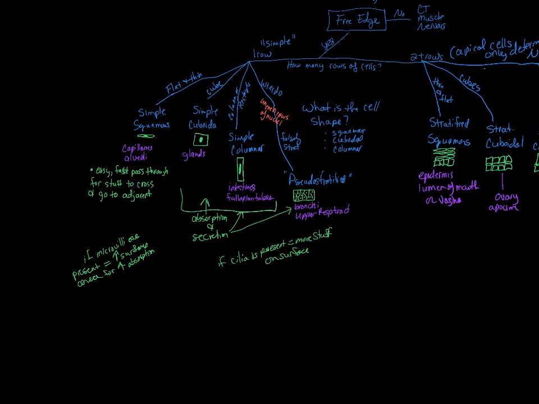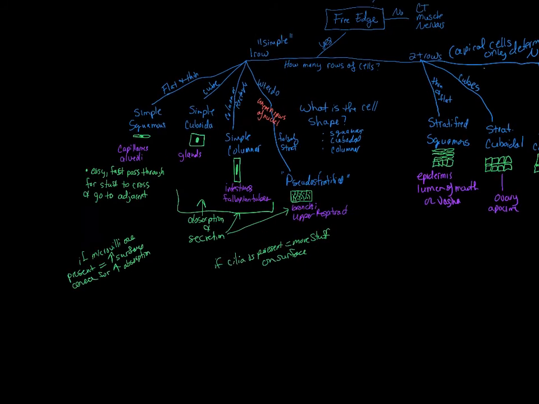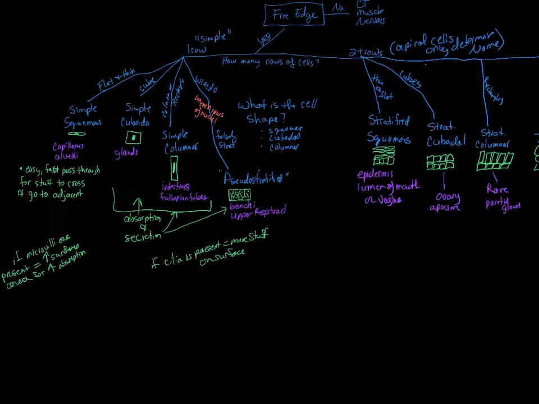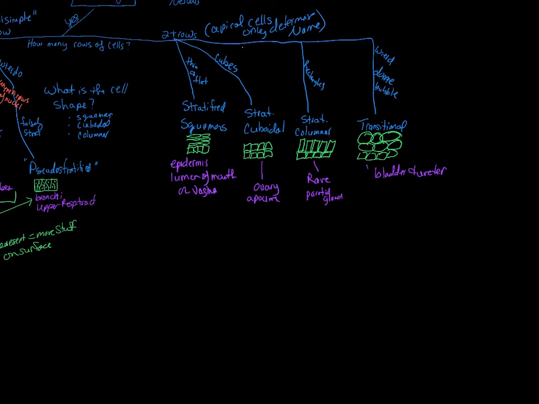Now we can look at function. What did I write over here? Oh, function. I'm sorry. That was what I was doing in green, was function. So the function of stratified squamous is resist abrasion, and that's what I want you to memorize, and I don't want you to put anything else ever, okay? I don't want to argue about it. I don't want you to get confused. I don't want you to ever write the word protection. Just use resist abrasion.